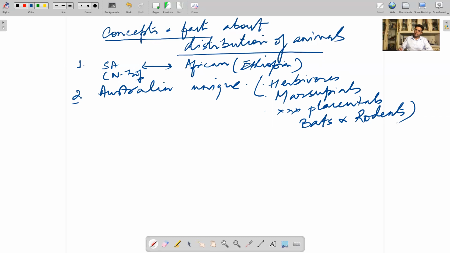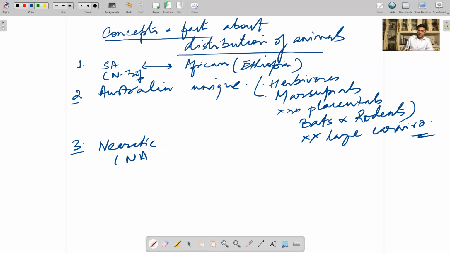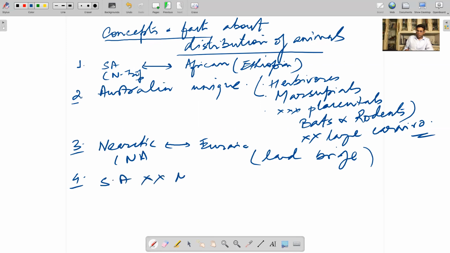Otherwise there are no large carnivorous life forms here. Third, I said the Nearctic, which is North America, is very similar to Eurasia because of the land bridge. And fourth, South America and North America were joined recently.